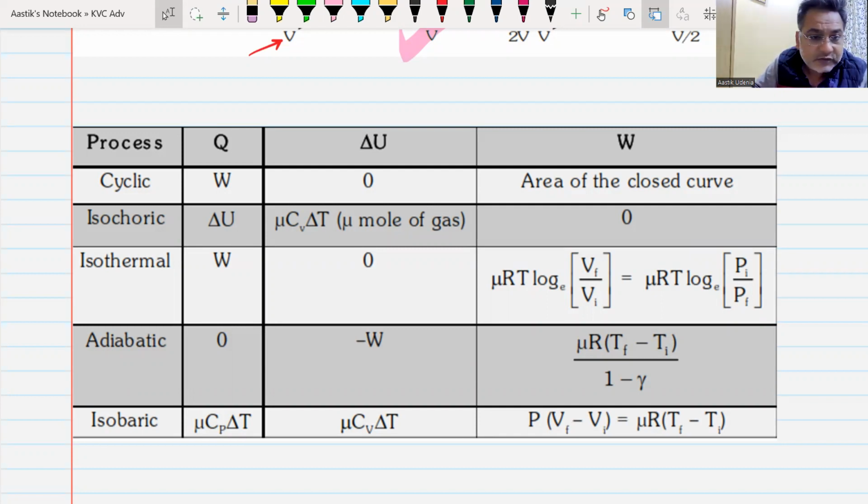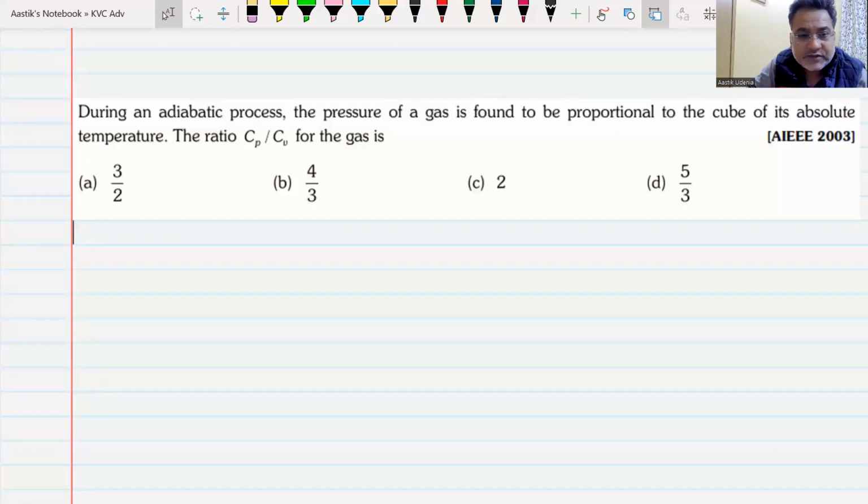and solve some questions. This is the first question that comes. During adiabatic process, the pressure of the gas is found to be proportional to the cube of its absolute temperature. What is the value of gamma? Pressure is directly proportional to T to the power of gamma by gamma minus 1, no, sir. Yes.